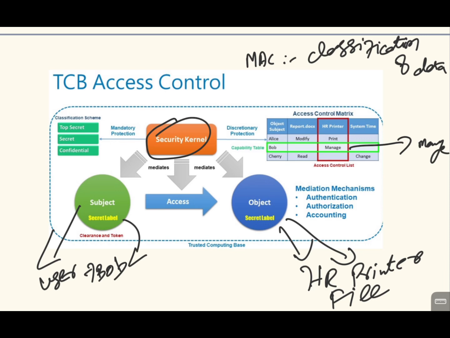So the security kernel will check Bob, the subject, and which security label this particular user has, and the object, in this case the HR printer, and under HR printer we can see print manage, and manage has a secret label.